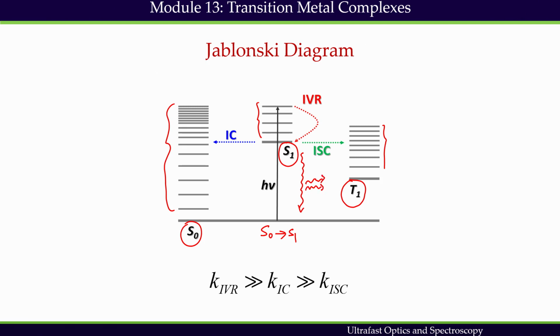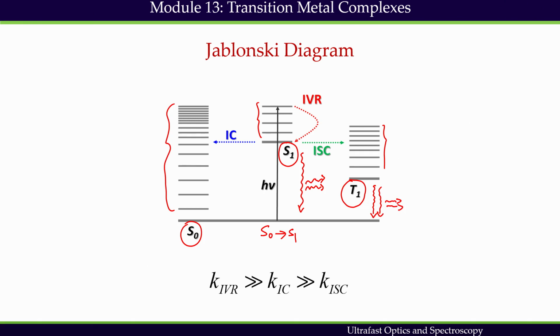We can have phosphorescence, where I can have population transfer from T1 to S0. These are the radiative processes.